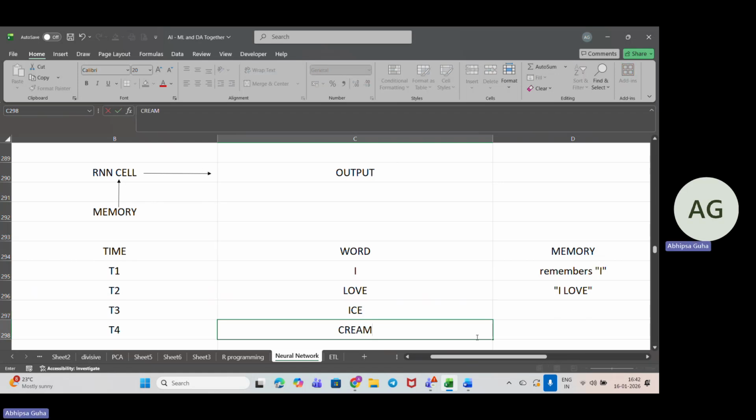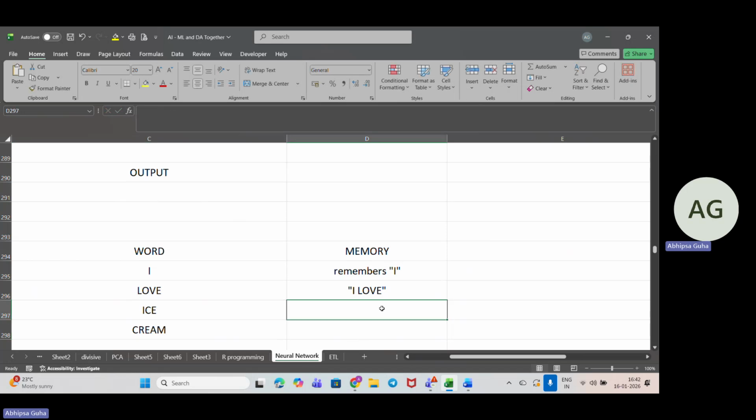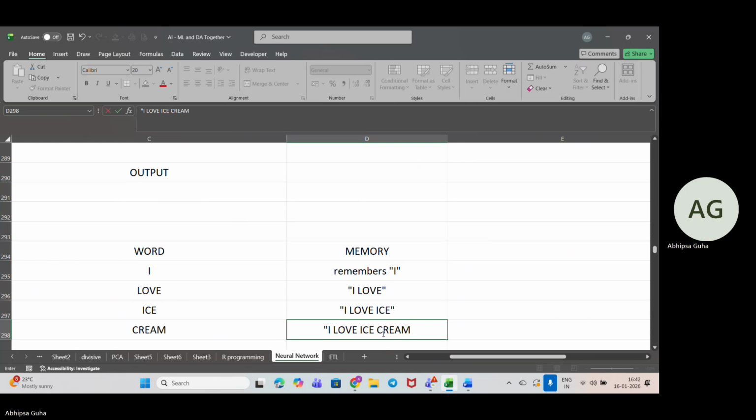The same way it is going. Now it remembers I love ice, and it comes up like I love ice cream. This is how it actually takes in.